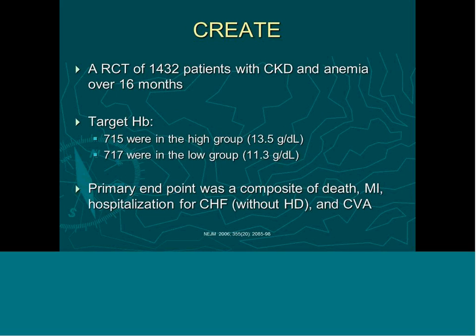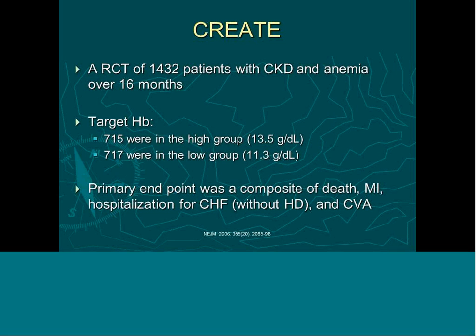adverse events. At the same time, around 2006, another trial was published in the New England Journal of Medicine. It is a large, randomized controlled trial, well done. They took a hemoglobin target of 13.5 and a hemoglobin target of 11.3.